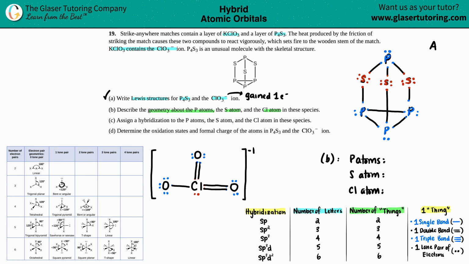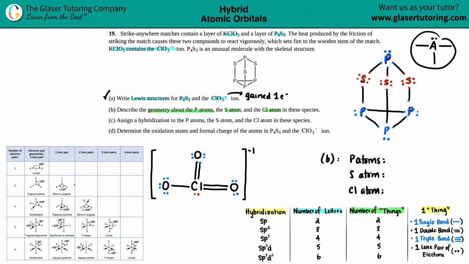And these X's are saying how many other elements the phosphorus is bound to. Well, 1 sulfur, 2 sulfur, 3 sulfur. So I have 3 bonds, and the phosphorus has 1 lone pair.